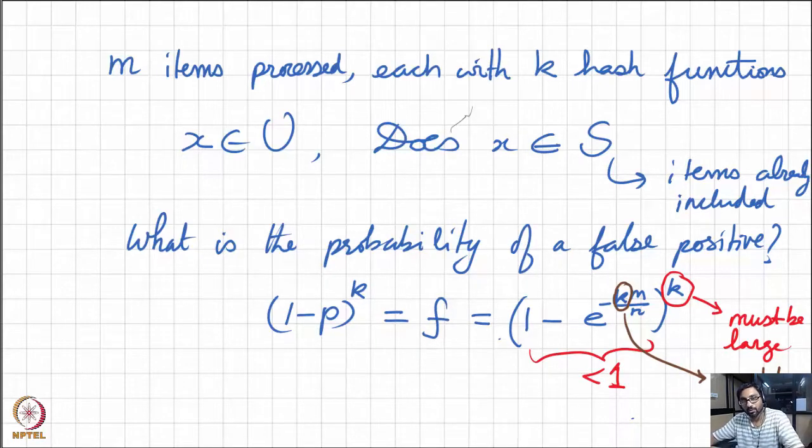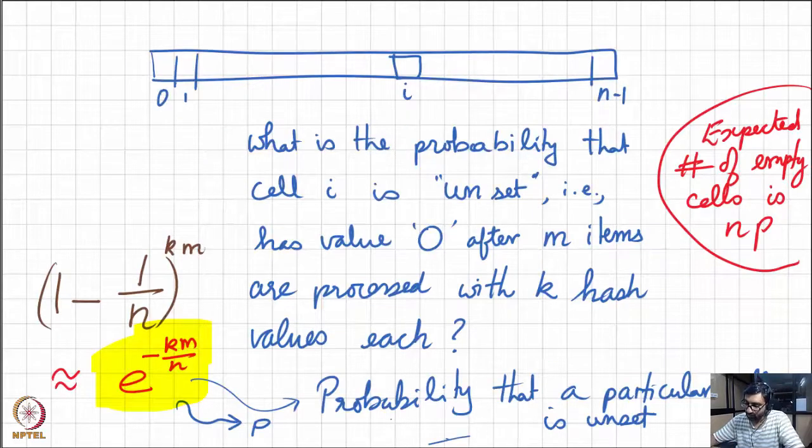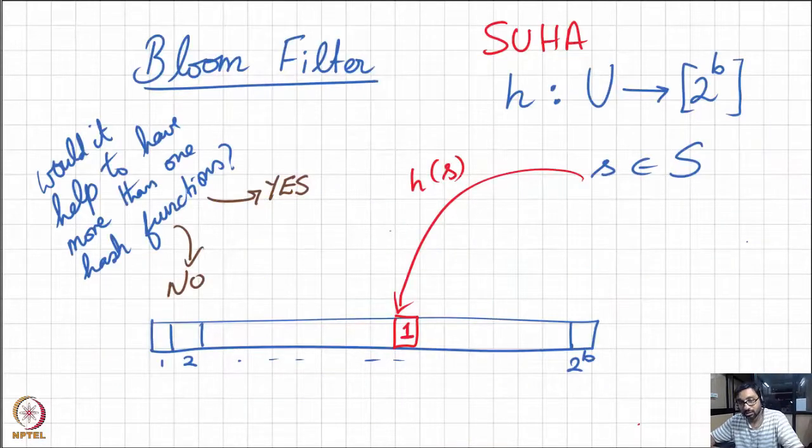So as you can see clearly, there is a tension here. On the one hand, we want a larger value of k, and on the other hand, we want a smaller value of k. And this fits neatly with the intuition that we already built, wherein as the number of hash functions increases, on the one hand we see false positives increasing, and on the other hand false positives decreasing.